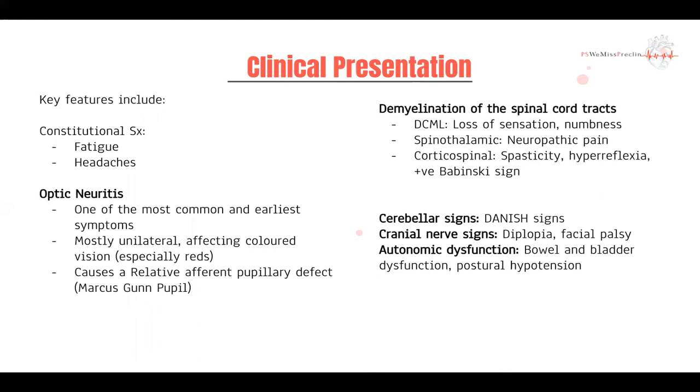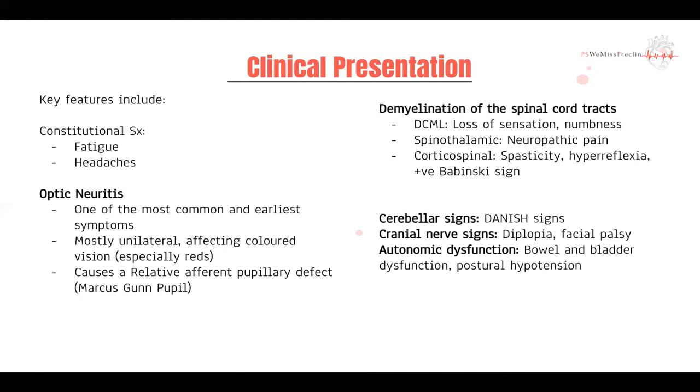So what is going on there? Let's say a person has an issue with the optic nerve on the right side. That basically means that when you flash the light in the right eye, it's not going to be detecting that light as well. A typical presentation of a Marcus Gunn pupil is: you shine the light in the left eye, again, let's say the issue is on the right side.